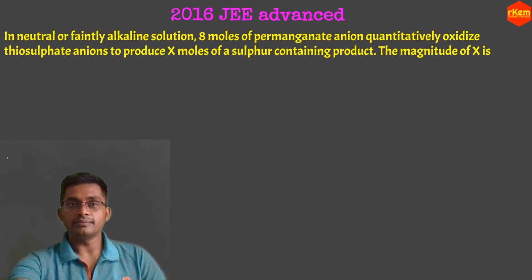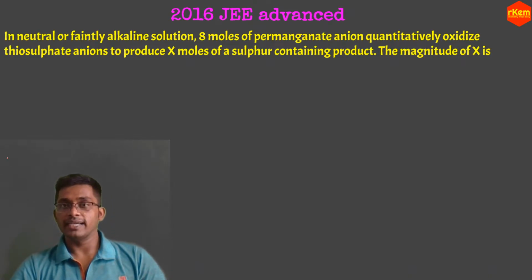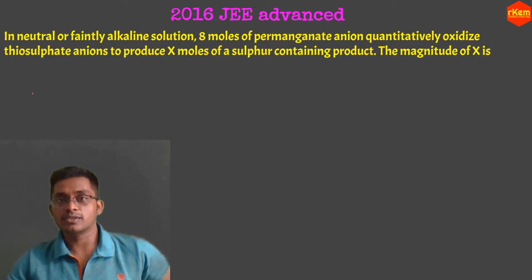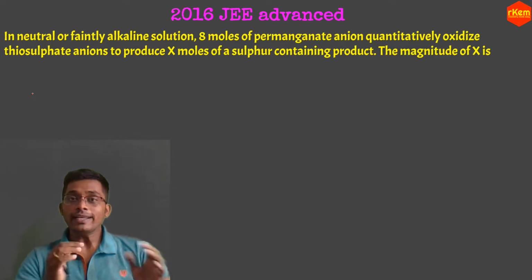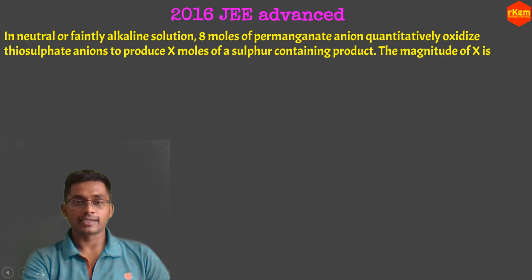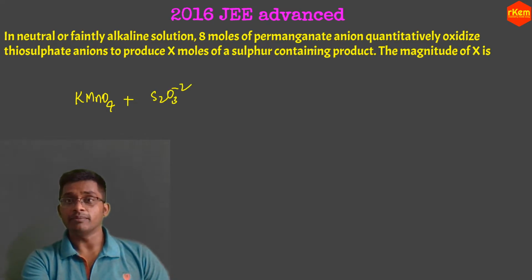Right. Next question. In neutral or faintly alkaline solution, 8 moles of permanganate ion quantitatively oxidize thiosulfate. So you must know the reactions of permanganate, all reactions. Look at the reaction when it reacts with thiosulfate, S2O3 minus 2, in alkaline medium, quantitative oxidation.